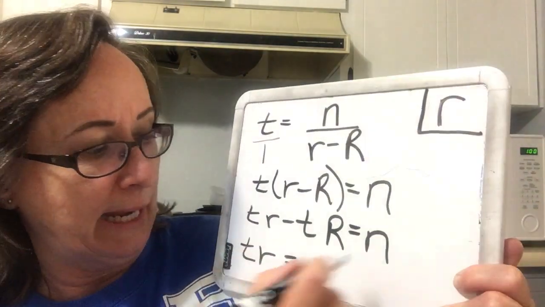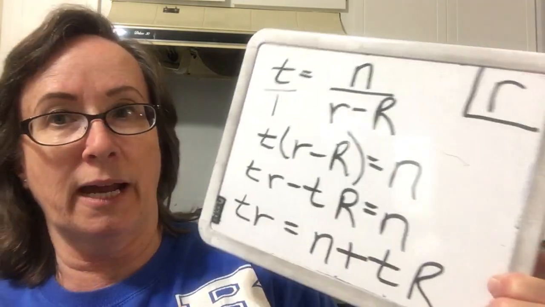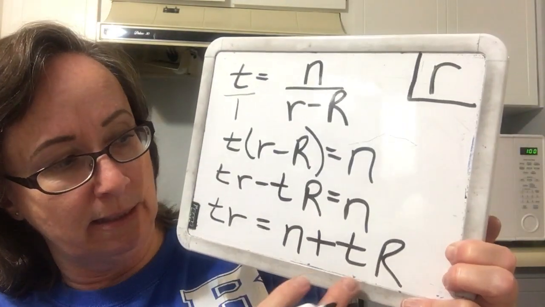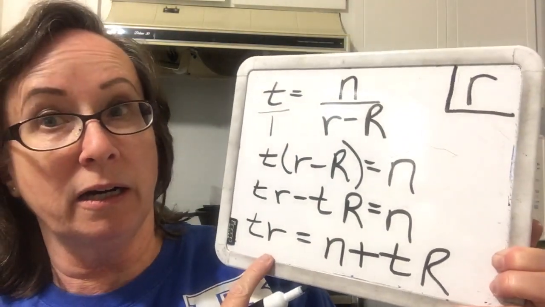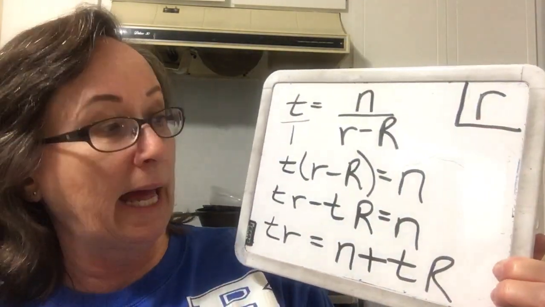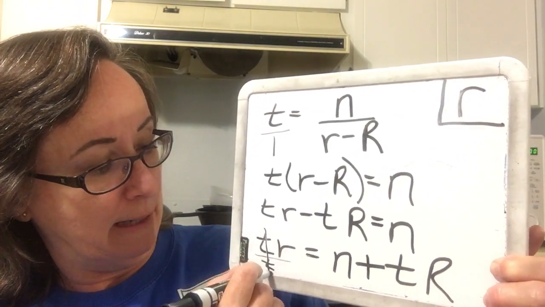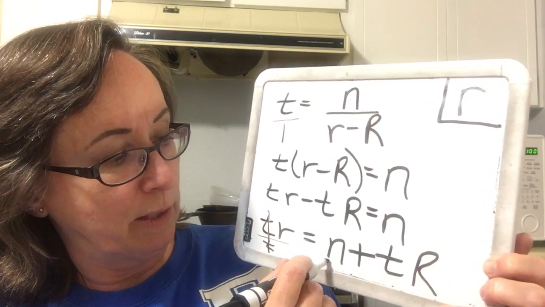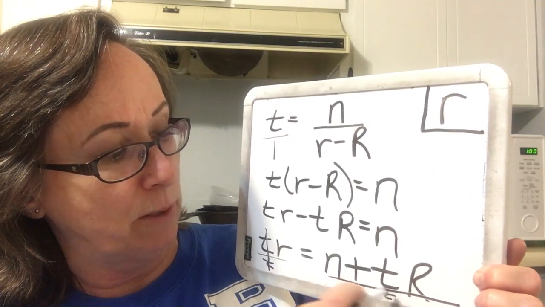If I add it here and I add it there, I get n plus t big R. I'm just adding it to both sides. And now I want r, not tr, so I'm going to divide by t. I'm going to divide this side by t, and I will get just r. And then I'm going to divide this whole side by t, and I didn't leave myself any room to do it.